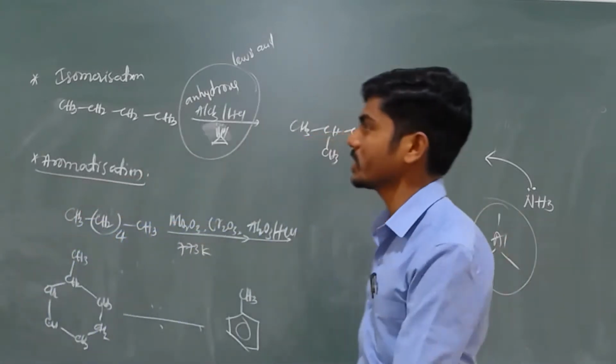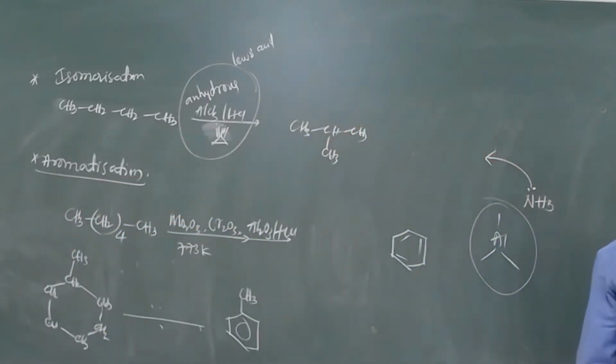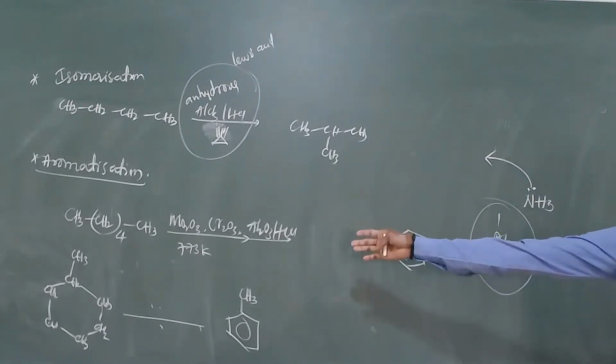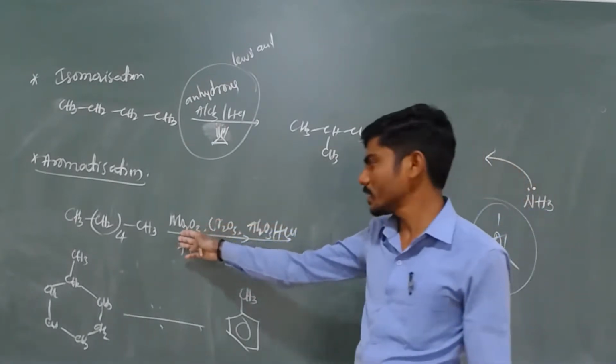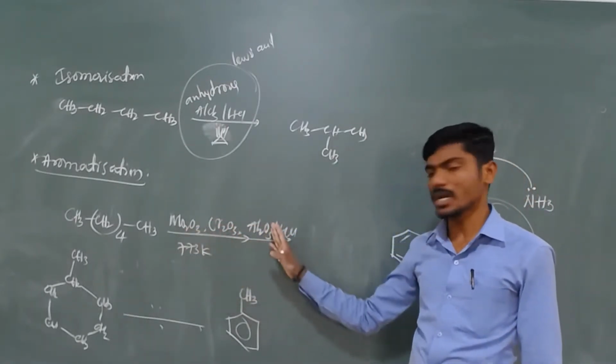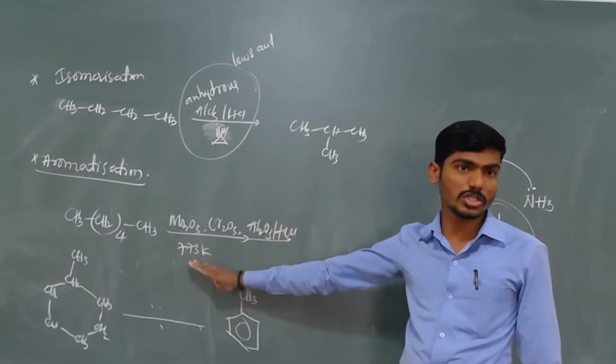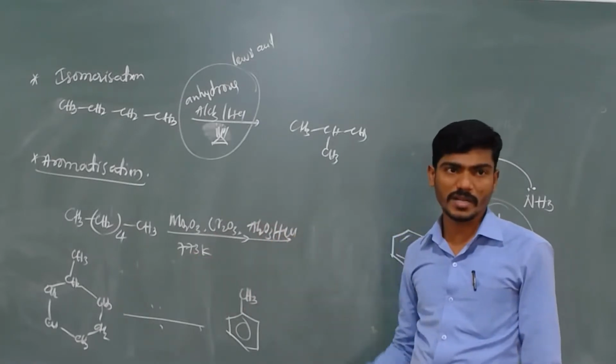And the last reaction is pyrolysis, a cracking or fragmentation reaction. We must heat strongly in the presence of AlCl3, and large molecules break into small pieces. For aromatization, any one of the oxides, molybdenum oxide, chromium oxide or aluminum oxide, at high temperature in a red hot tube forms an aromatic ring.